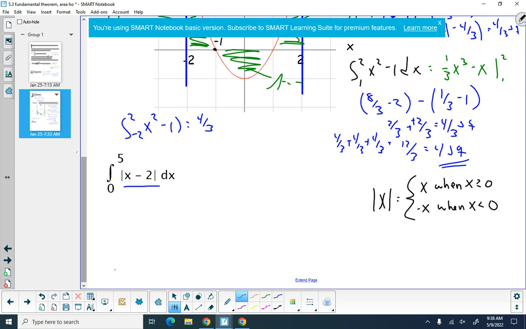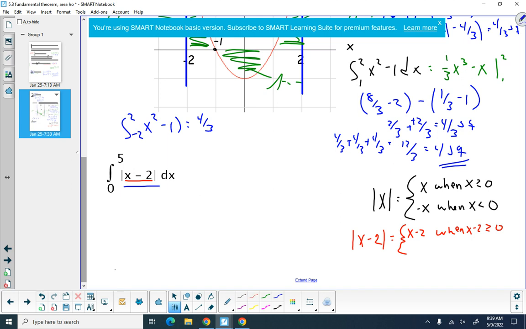Well, what we have here is x minus 2. So wherever I see an x, I'm going to put in an x minus 2. So we can look at the absolute value of x minus 2 is equal to x minus 2 when x minus 2 is greater than or equal to 0.